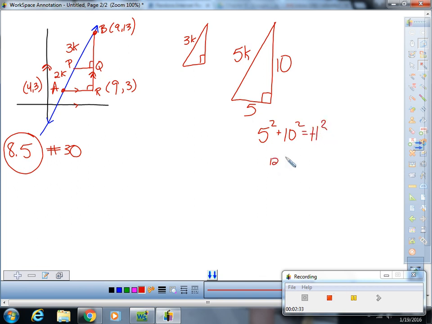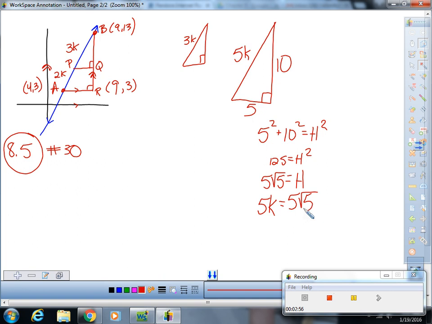So 125 is h squared. So that's the square root of 125, and so that's 5 radical 5. Is h, okay? So now we know that 5k is equal to 5 radical 5.